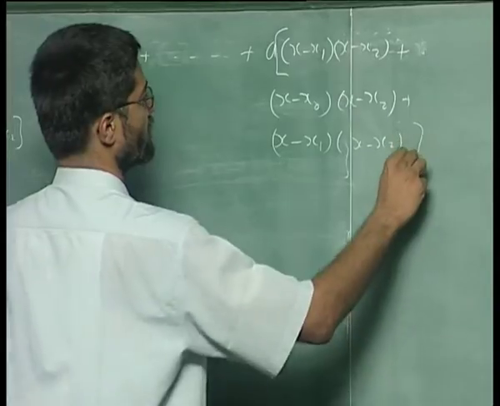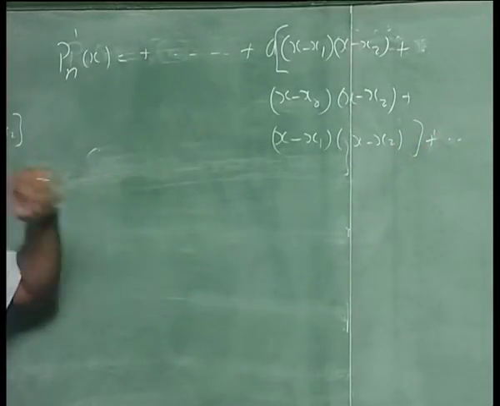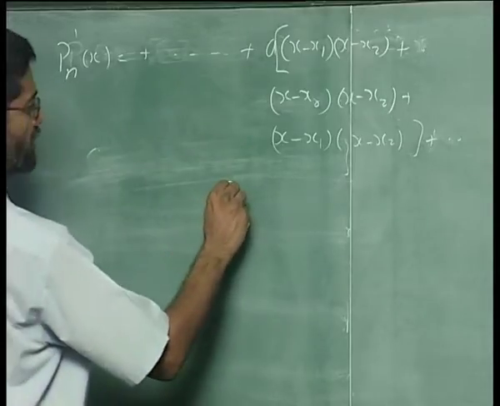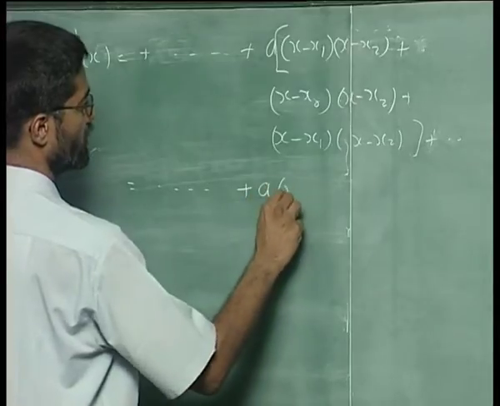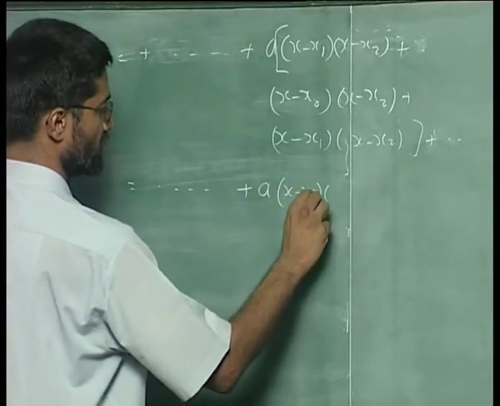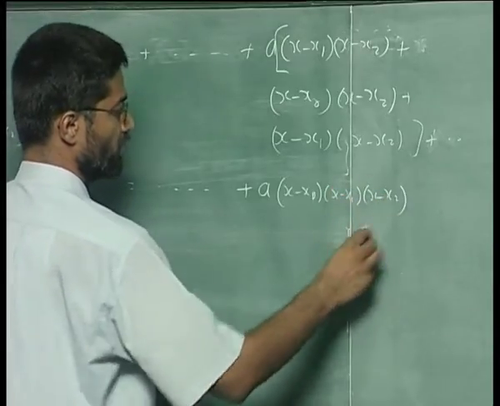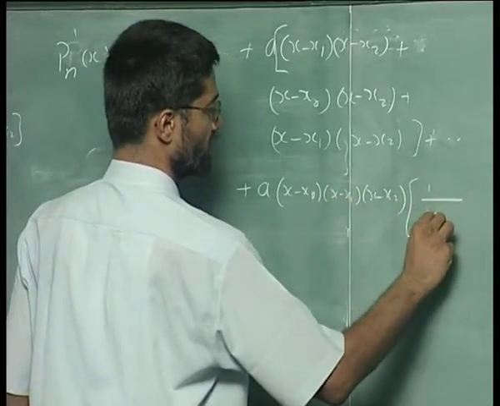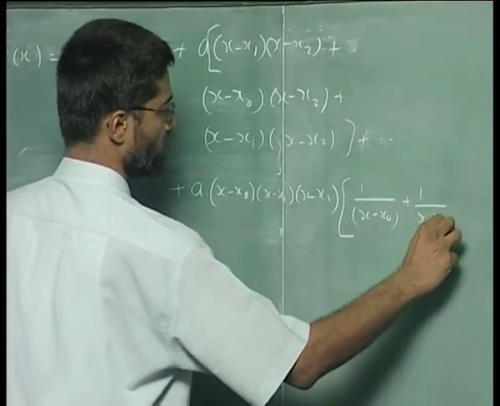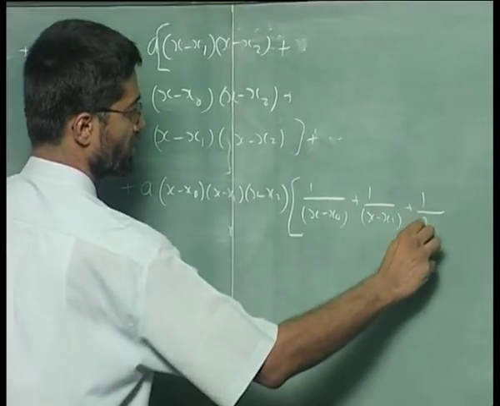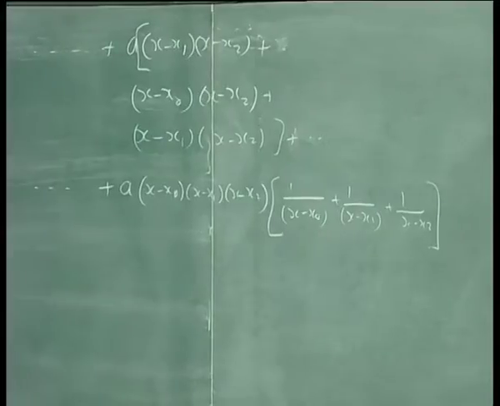So, we had these three terms, right, and then we may have higher order terms. I am just concentrating on the third order term. So, this I can write as a into x minus x 0 into x minus x 1 into x minus x 2 into 1 by x minus x 0 plus 1 by x minus x 1 plus 1 by x minus x 2. Okay, so that is what I can write it as.